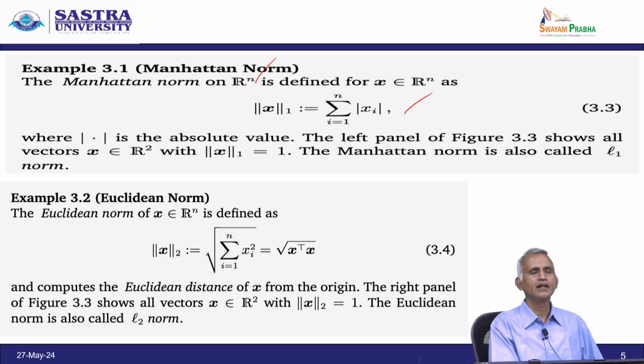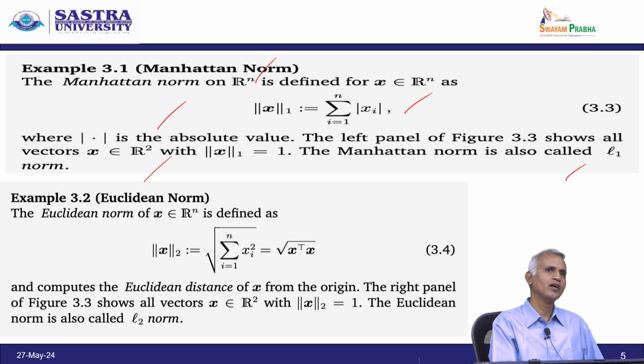Simply sum them, that is the norm. Modulus represents the absolute value. The left panel of figure 3.3 shows all the vectors x in R square with norm of x1 equal to 1. The Manhattan norm is called the L1 norm. So, these are the things you have to know.